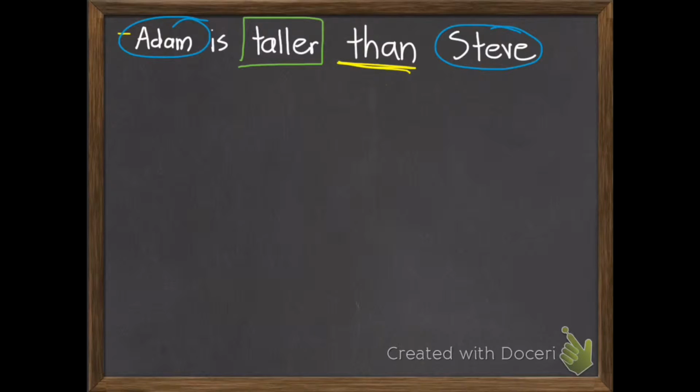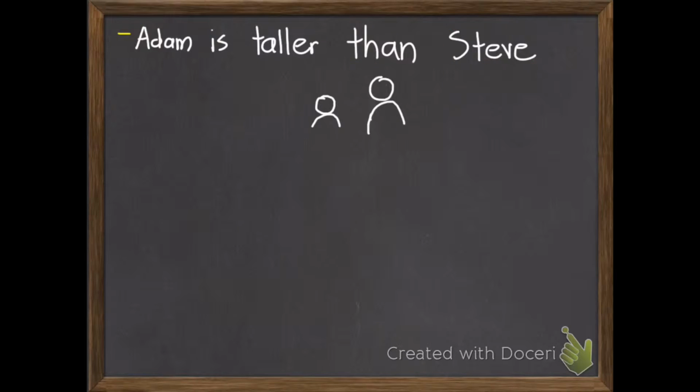In this example, we can assume that Adam is the taller one, and Steve is the shorter one, because we're comparing them, saying Adam is taller than Steve.